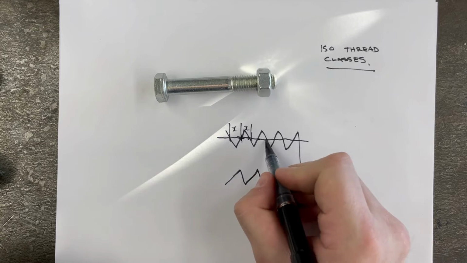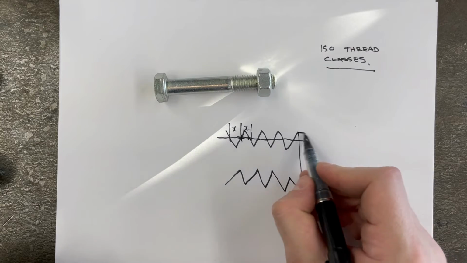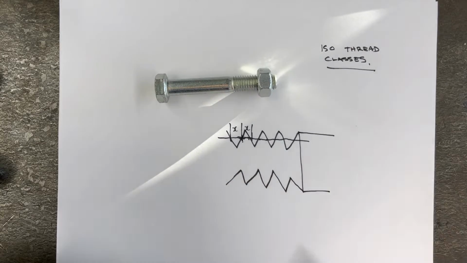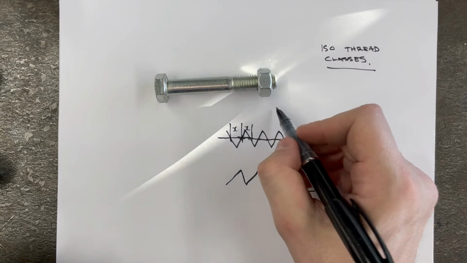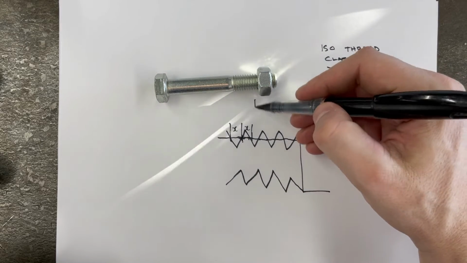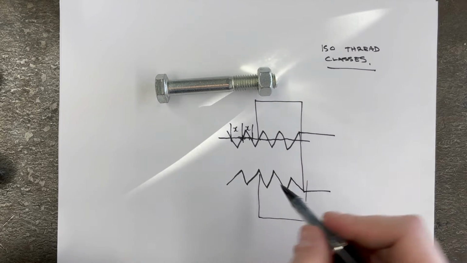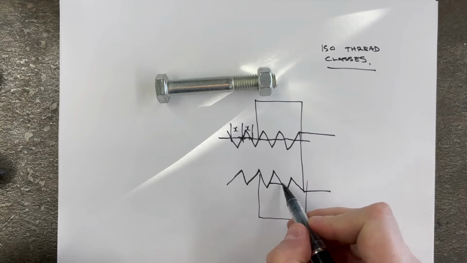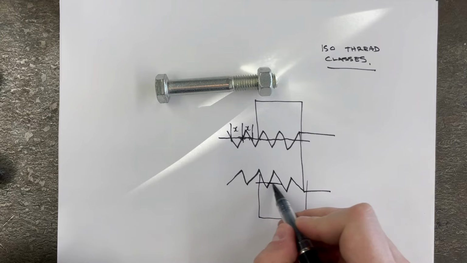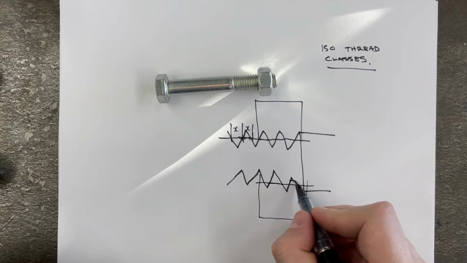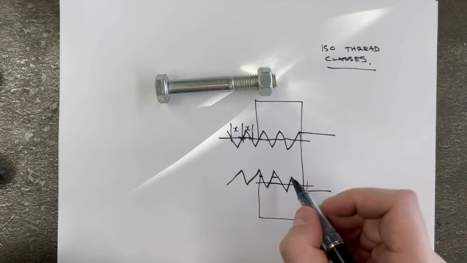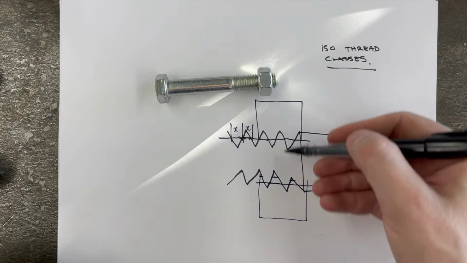So they look at that distance, and then they also look at the major diameters. And then they look at the nut. So if the nut is threaded on top of here, they're going to do the same thing for the nut. On the nut, they're going to look at the distance on the pitch diameter, and then they're also going to look at this diameter, the smallest diameter.